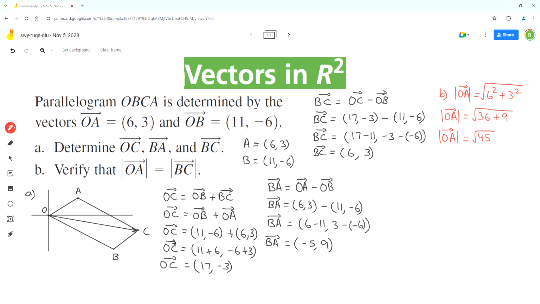Now we can find the magnitude of vector BC. We'll square the components. Vector BC is (6, 3). So 6 squared is 36. 3 squared is 9.